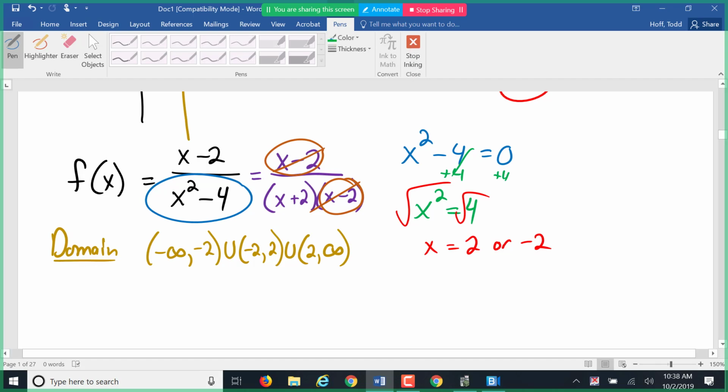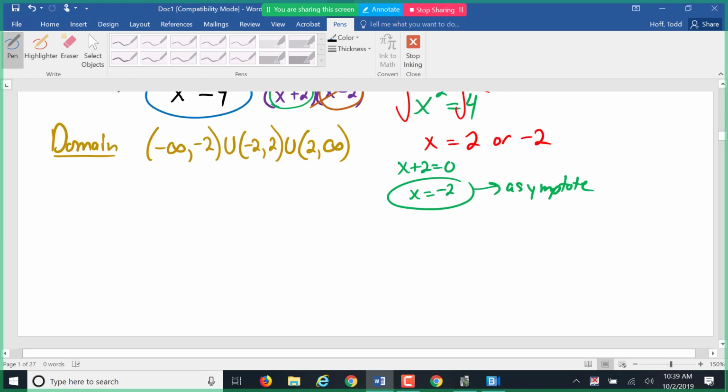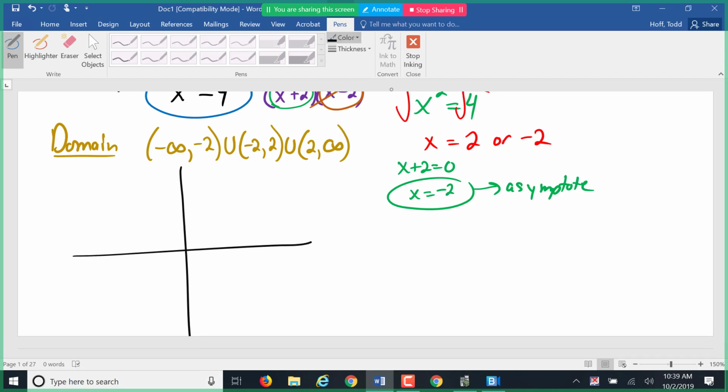What it's saying is that x plus 2 equals 0 gives us x equals -2. That is an asymptote. So if I'm graphing this, this graph cannot cross x equals -2.